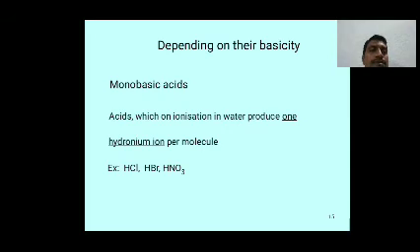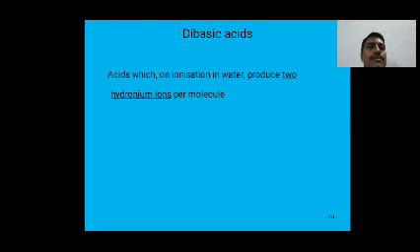HBr gives H plus and Br minus, and HNO3 ionizes to H plus and NO3 minus. These all give only one H plus ion by ionization, so they are called monobasic acids.